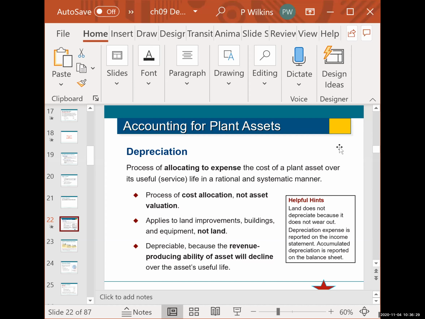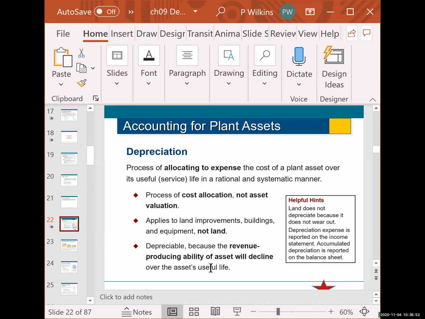And that's why we do that, so that we have a connection between the asset expense and the revenue that's produced through that asset. Let's see, what does it say here? Some people say, oh, it's to save money to buy another asset. No, it's not about that.